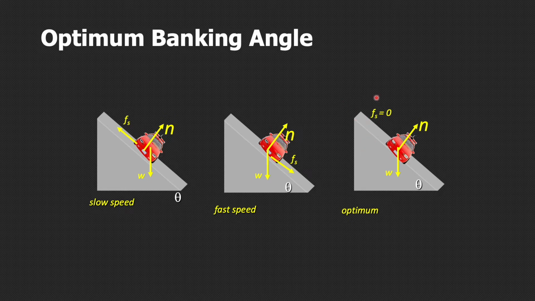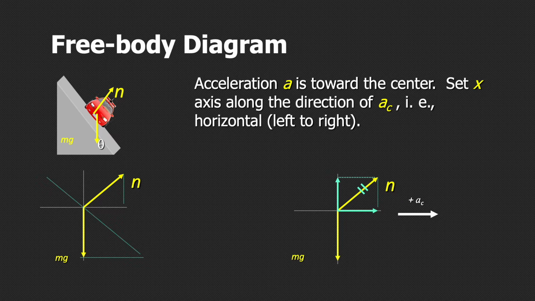Therefore, it's okay for us to have a zero frictional force here if we attain the optimum banking angle. If, for example, this road is banked at an optimum angle, of course the frictional force here, or the static friction, is equal to zero.